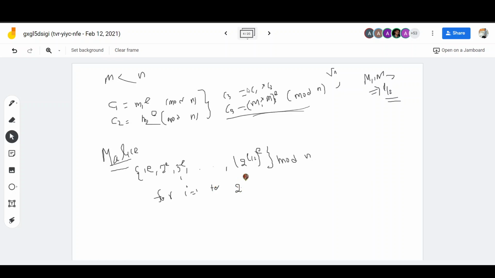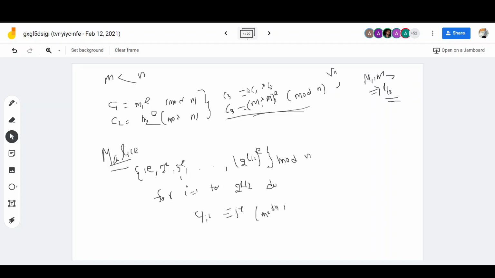So I can do this: C divided by i to the power e is equal to j to the power e of mod n. Simply I can write this as a small statement, and I can compute what is i to the power e of mod n. So i and j values are there, so that you may multiply m is equal to i times j.